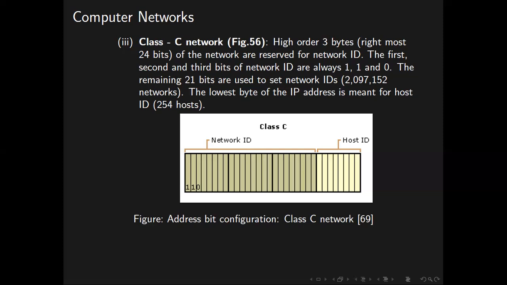Therefore, if you find 0 at the first bit, it's Class A. If you find 0 at the second bit, it's Class B. If you find 0 at the third bit, it's Class C. The address can be easily found out.